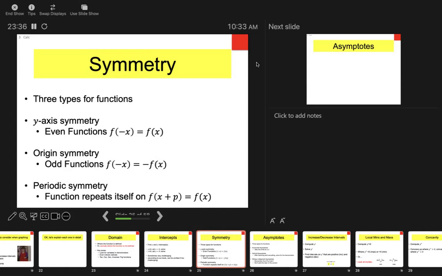So if it can be written as f of x plus a period, and that gets you back to your original function every single 2 pi, sine looks exactly the same way, then we say that function repeats itself or is a periodic function. Those are the types of symmetry. And the last one, it's going to be primarily the trig functions. All right, so that's all supposed to be in box 3.